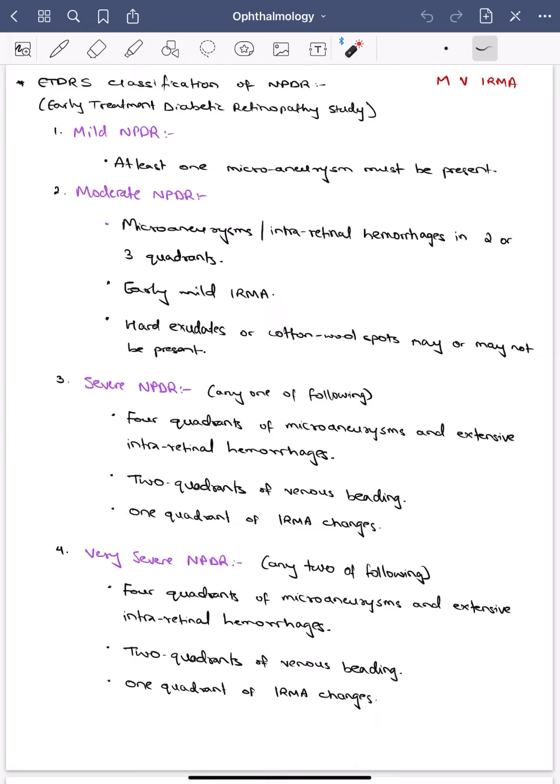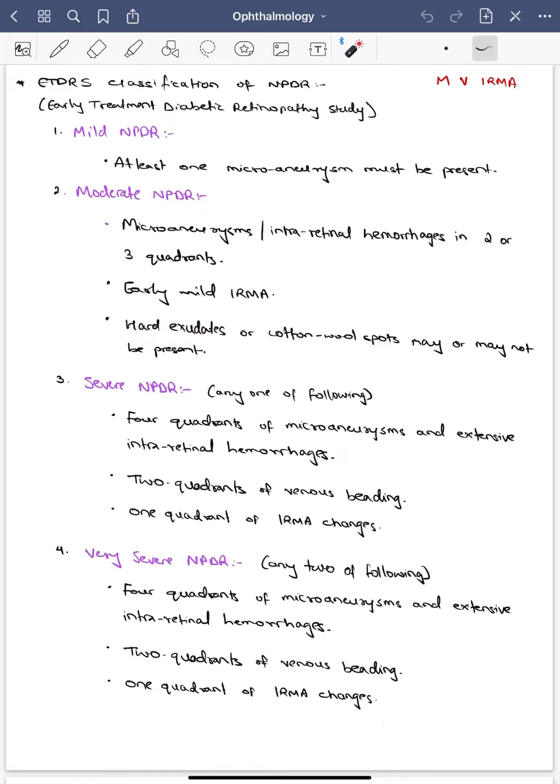Now, for mild NPDR, there should be at least one microaneurysm present. If at least one microaneurysm is present, we can classify it as mild NPDR. In moderate NPDR, there are microaneurysms or intraretinal hemorrhages in 2 or 3 quadrants, and early mild intraretinal microvascular abnormalities, and hard exudates or cotton wool spots may or may not be present.